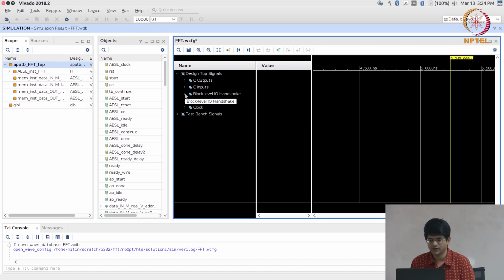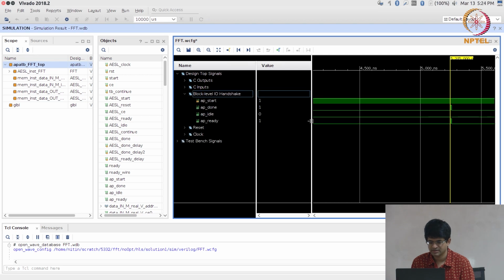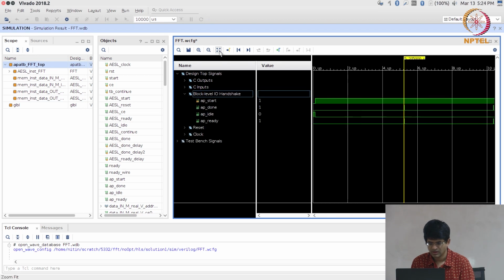The other interesting set of signals is this third row here, which is called block level IO handshake. Let us open that and see what it is. You can essentially see that there are 4 signals over here. The first one is ap_start. What that means is the test bench is going to give a start signal to your FFT module after a certain amount of time.